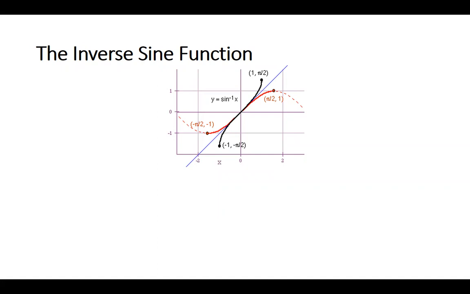You should notice with this too, that that is only a portion of the curve, right? We're from negative pi over 2 to positive pi over 2. That's pi. That's only half of our sine curve. So we're not really looking at the full sine function.